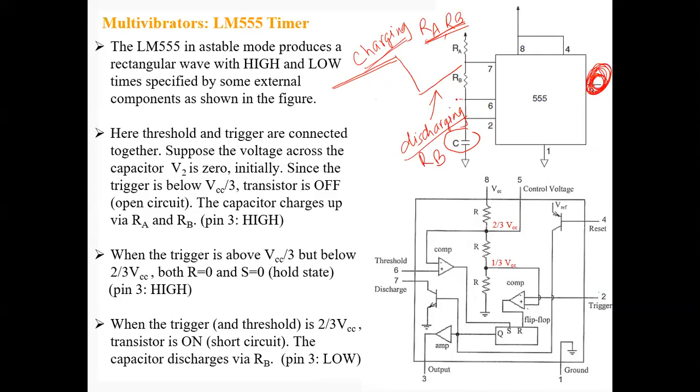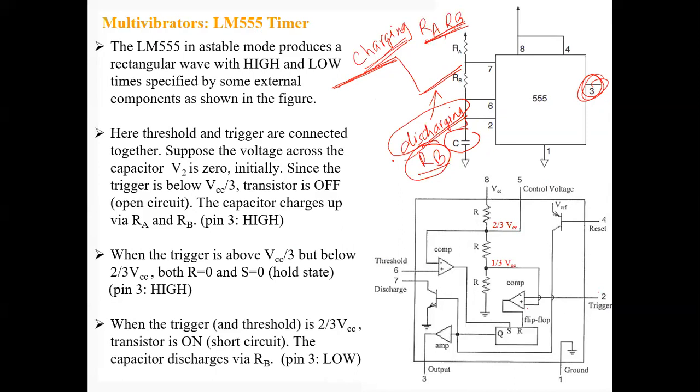When discharging, it discharges through RB, and your output is low. So charging high, discharging low. Charging through RA plus RB, discharging through RB.